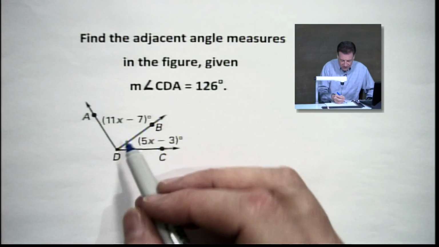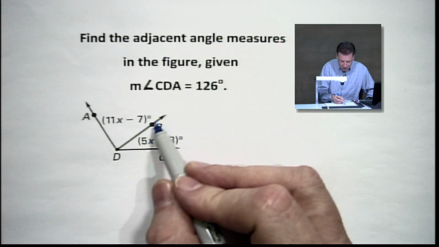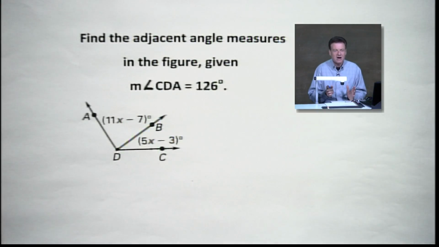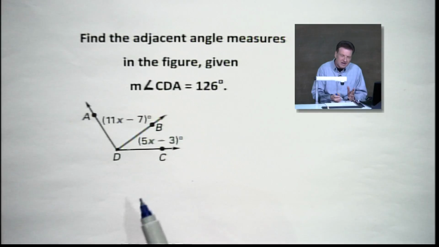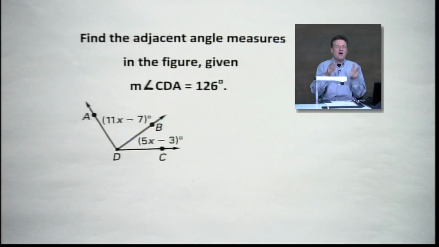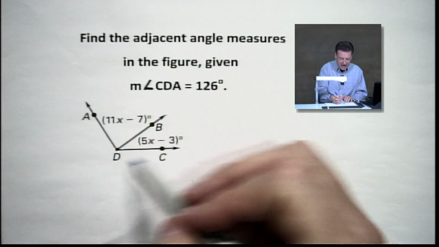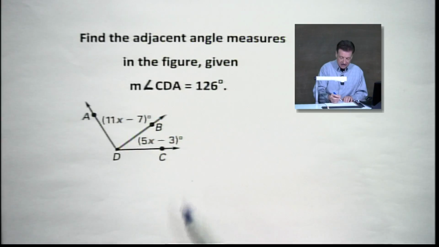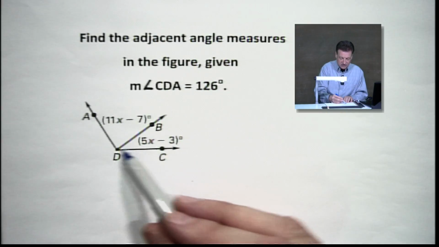They're adjacent because they share that common ray, ray DB. And we don't know how many degrees they are. But it looks like they're obtuse, all right? And you know what kind of verified that for me? That 126 tells you this big angle is obtuse. Notice this angle CDA. And that's how we name that, by the way. D is the vertex, so it's at the center.